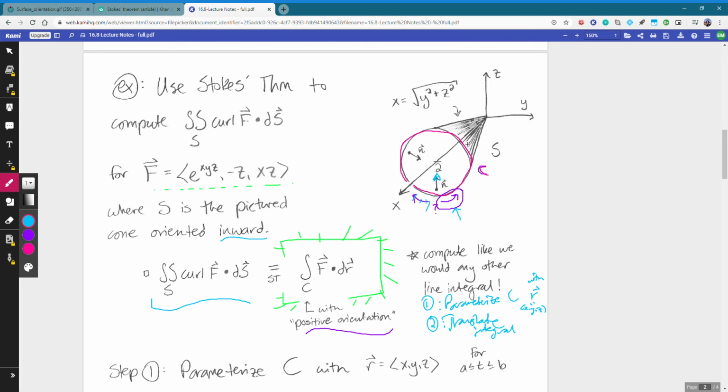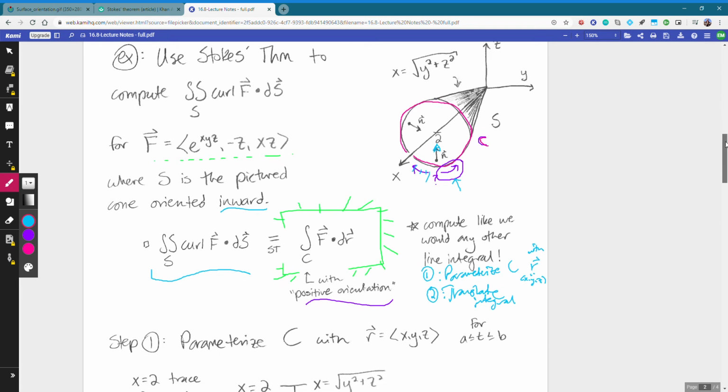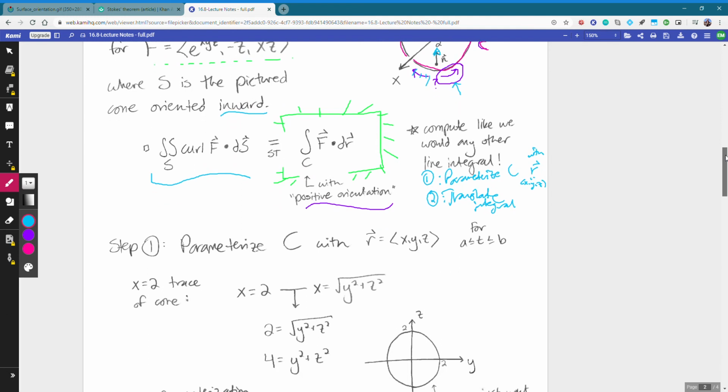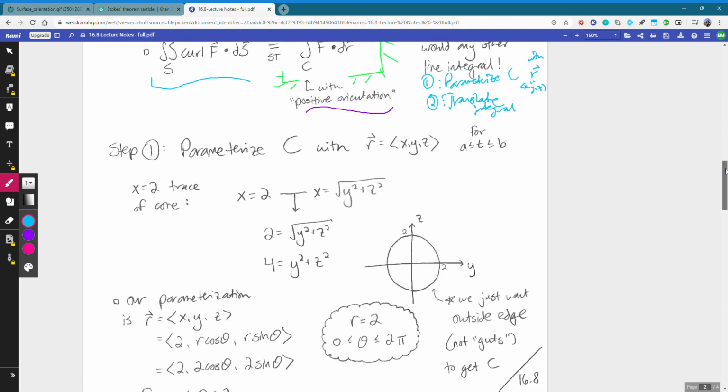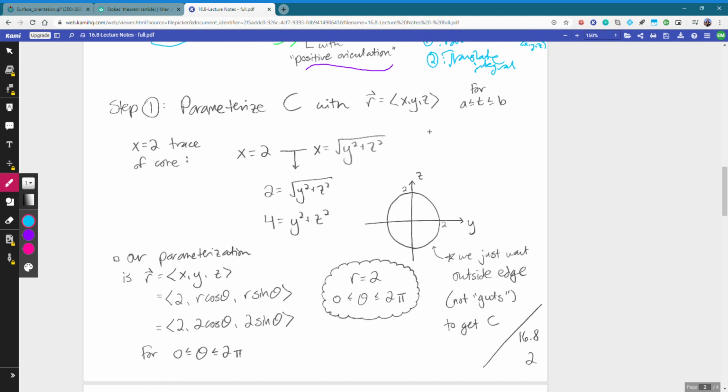And so in order to describe this, let's figure out what that trace looks like, the x equals 2 trace of our surface. So if we combine our two equations here, x equals 2 and our surface, we get very quickly a nice equation for a circle centered at the origin and radius 2. All right, so here is the picture that we get in the YZ plane.